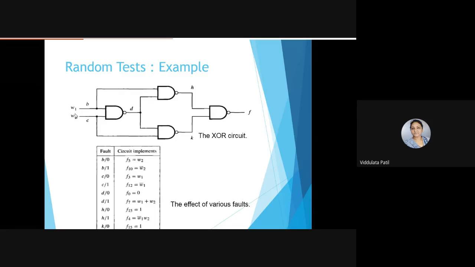Okay. So, W1 is equal to 0, W2 is equal to 1. Now, what will be the output?